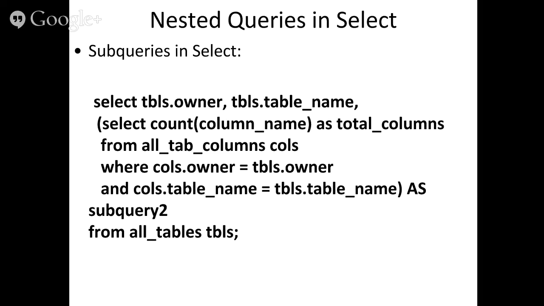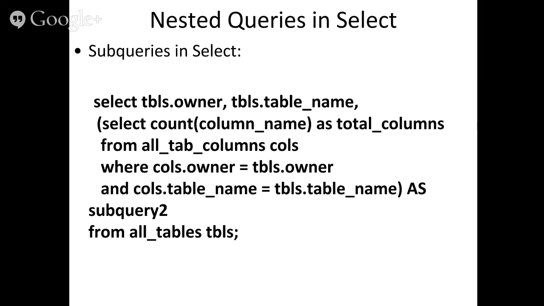So as I am iterating, I am comparing each one of these values against that particular record that I'm looking at. Once I filter that, and also the table names match, I'm looking at the table name here and the table name here. If they match, I want that record.